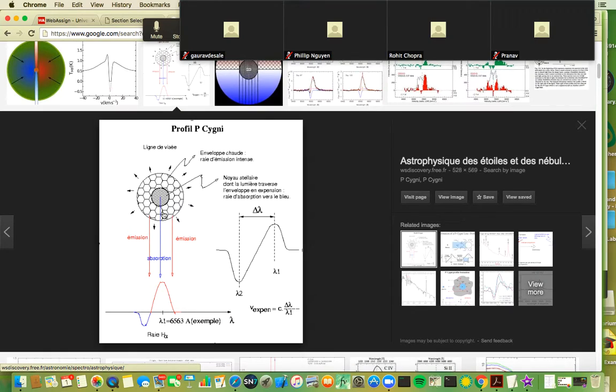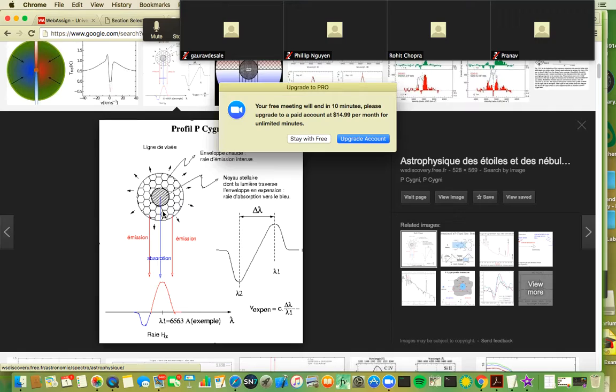If every single cell of gas in this envelope is emitting a little line profile, when you add this up, you should have a nice broad symmetric profile.